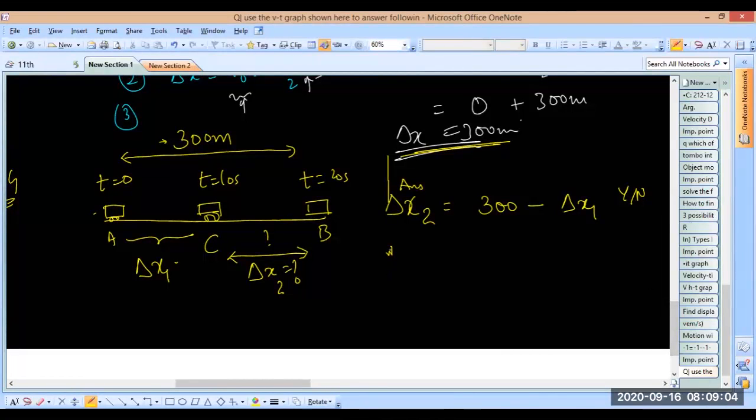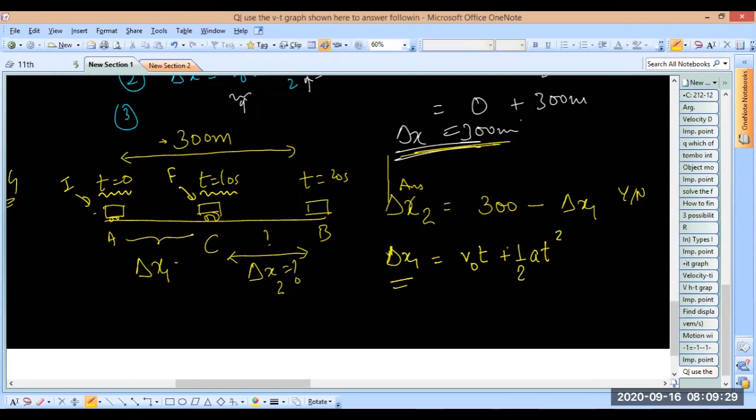So what is delta x1? Delta x1 is nothing but the displacement from 0 second to 10 second, correct? This is initial and this is final. We know acceleration is constant, so we can use the formula v0 t plus half a t square.